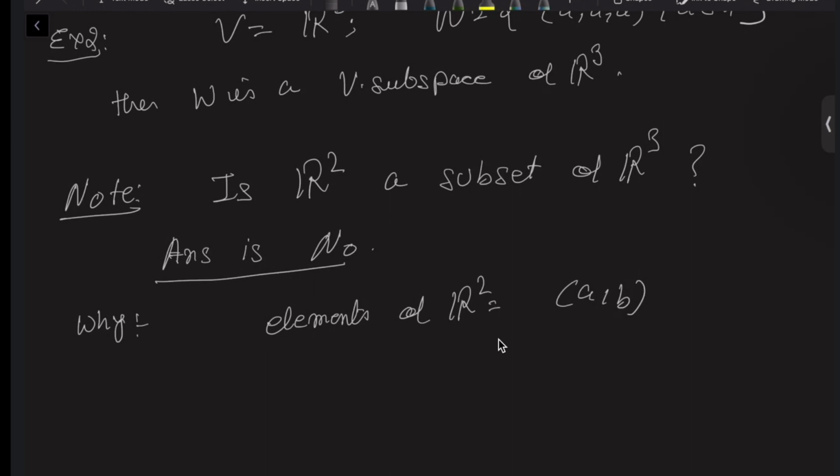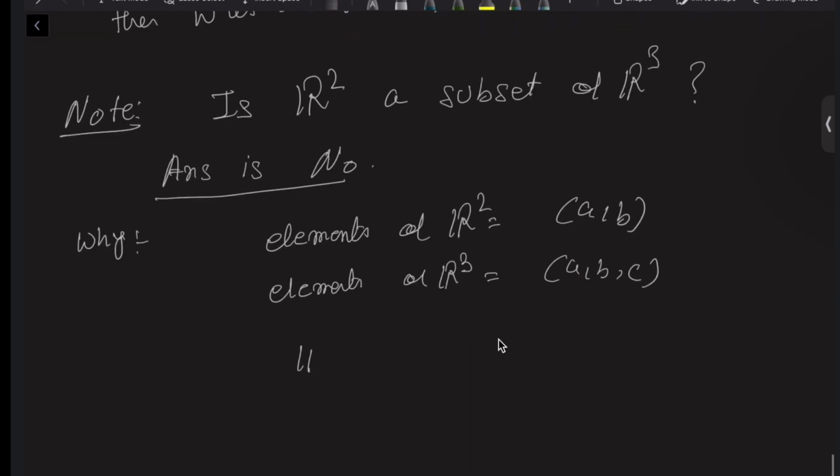They are ordered tuples, while elements of R3 look like (a, b, c). So all the elements in R3 have three components, a, b and c, and all the elements in R2 have two components, a, b. So R2 is not a subset of R3. This is an important observation, because many times we get confused that R2 should be a vector subspace of R3, but it cannot be, because R2 is not even a subset of R3.